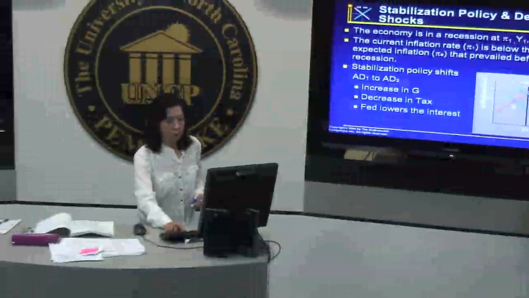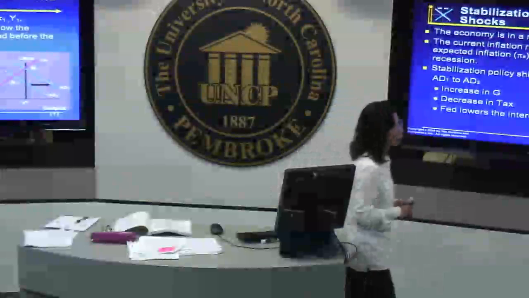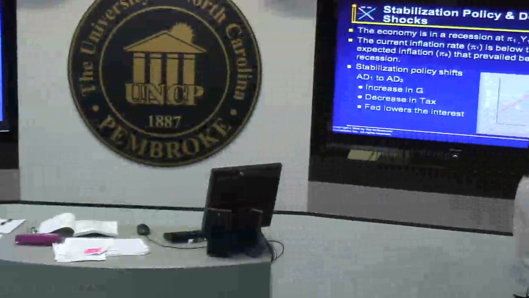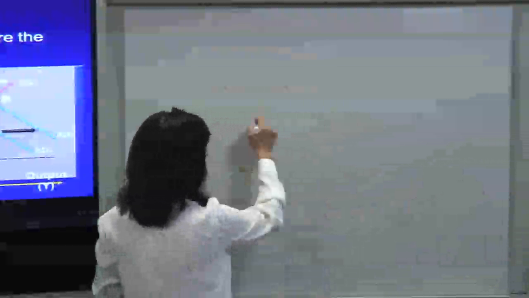Okay, so now the self-correcting mechanism uses the AS curve to adjust. In other words, you don't have to do anything. The economy will self-correct by itself, based on that important slide I told you, this concept here.